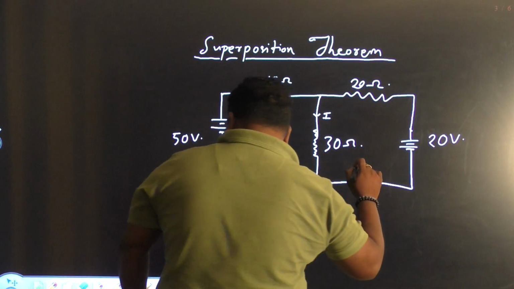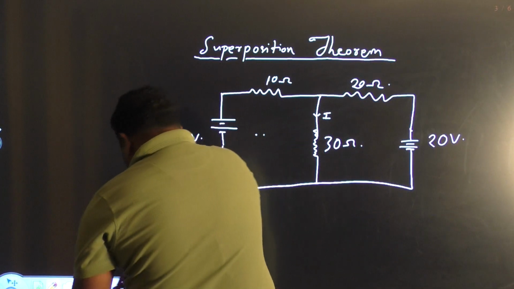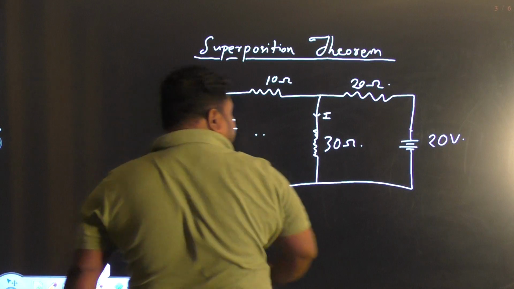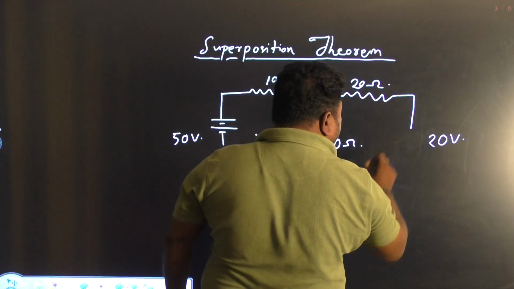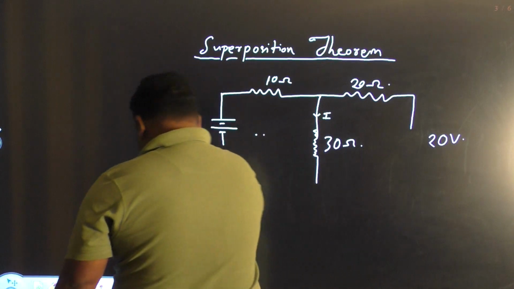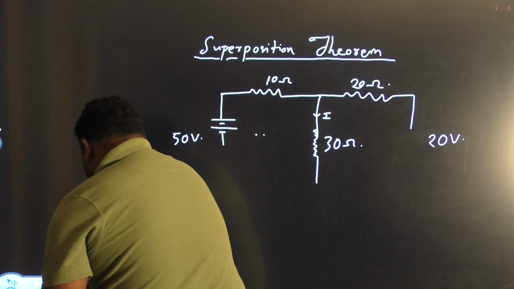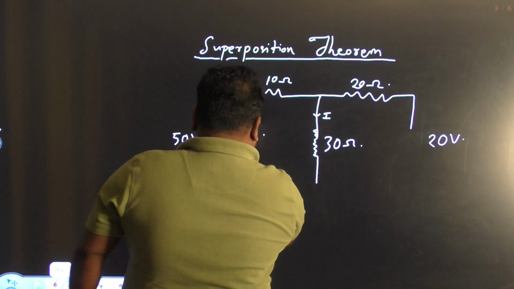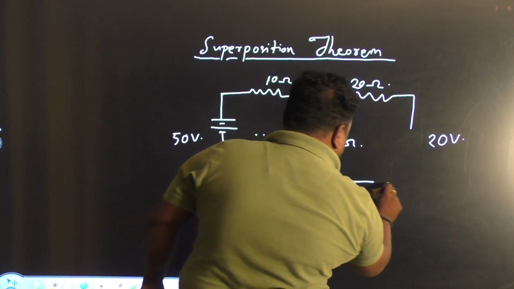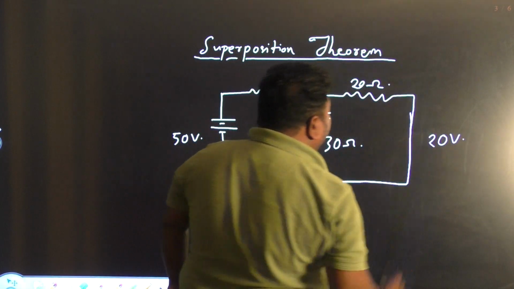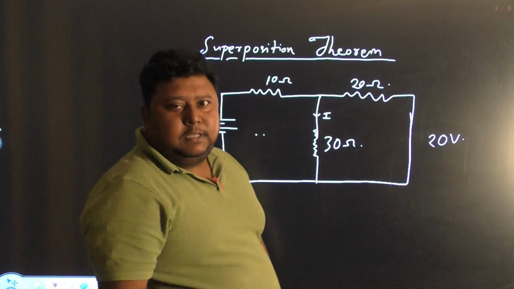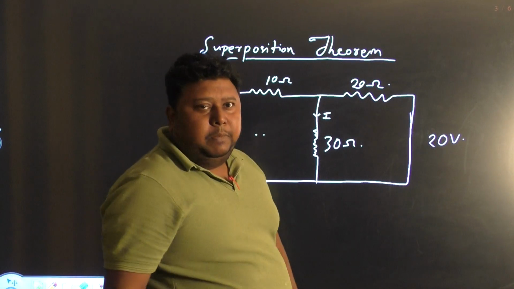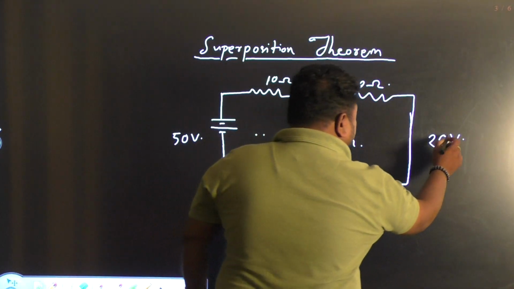I am going to eliminate it by short circuiting. So this will be the next circuit, meaning I have eliminated this voltage.